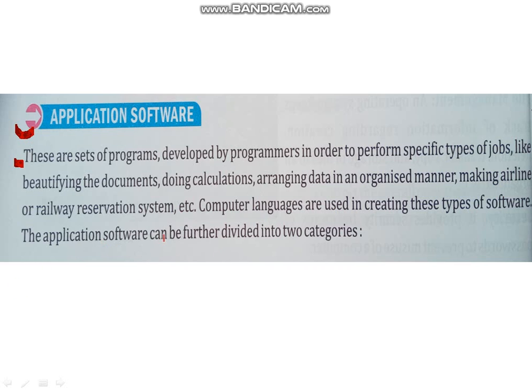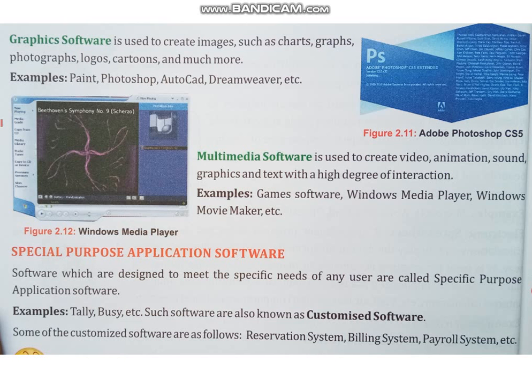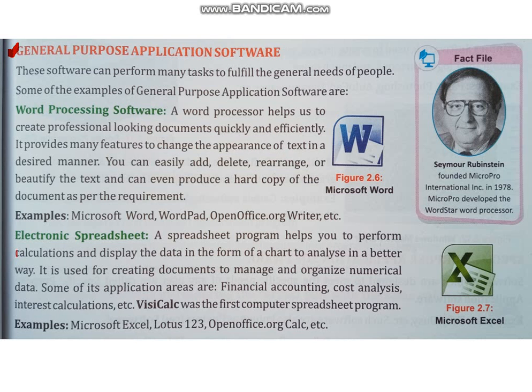The application software can be further divided into two categories, that is general purpose application software and special purpose application software. So let's see students about general purpose application software.